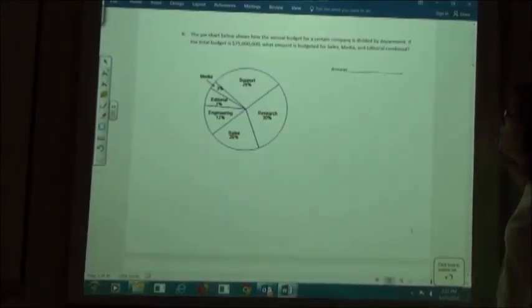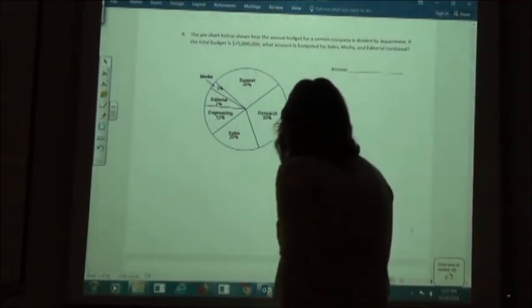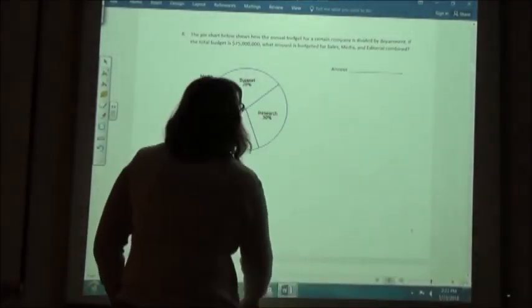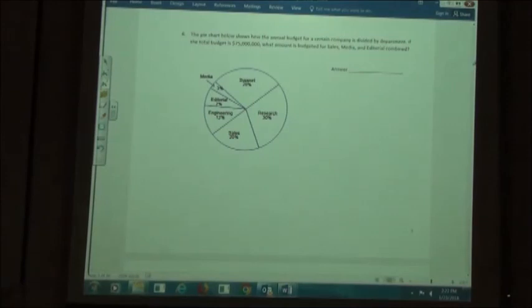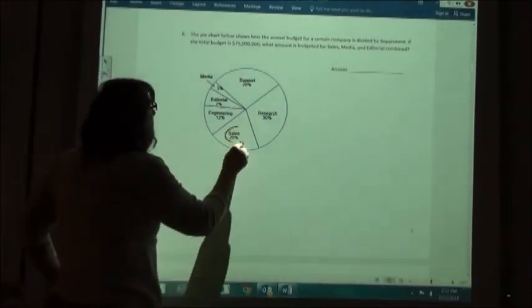So number 6, the pie chart below shows how the annual budget for a certain company is divided by department. If the total budget is $75 million, what amount is budgeted for sales, media, and editorial? So what would I do in order to figure that out?